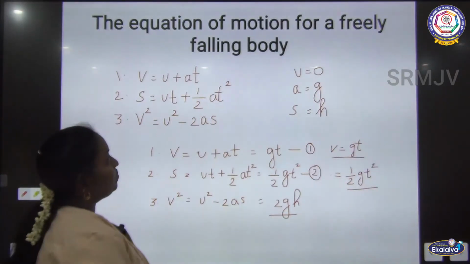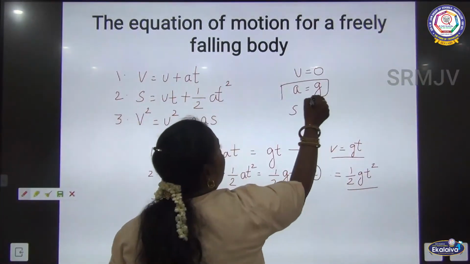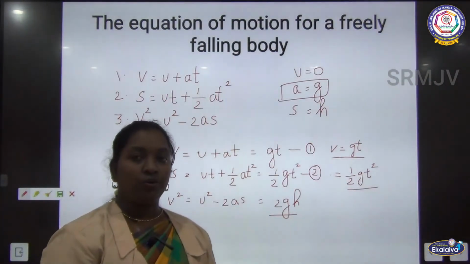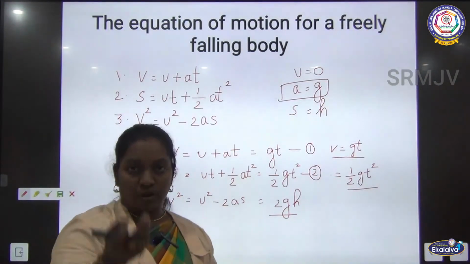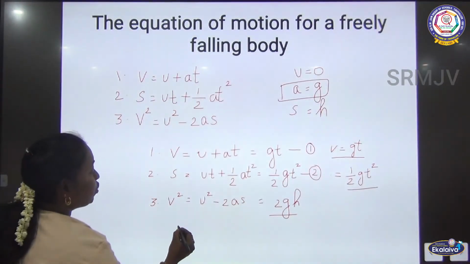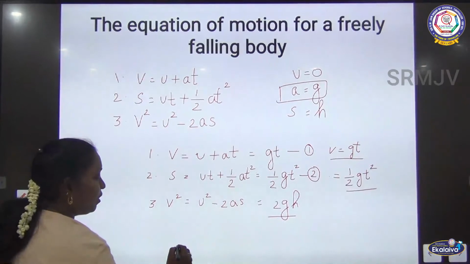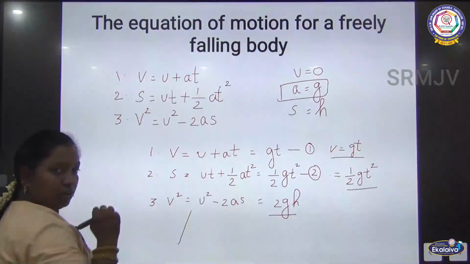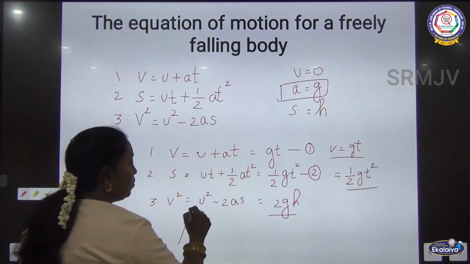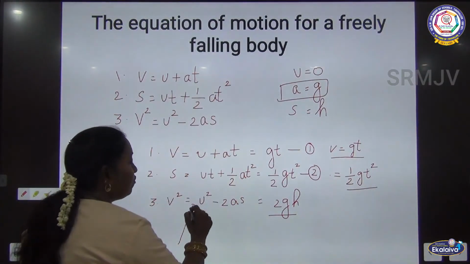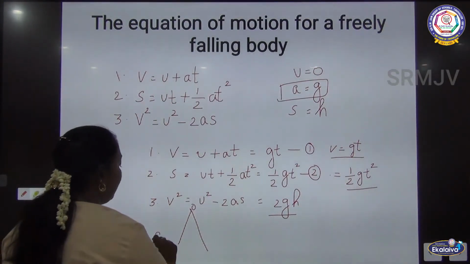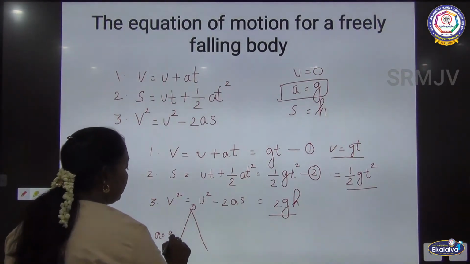Next, as we know, a equal to g, it will also get a positive or negative sign. How? When I throw a stone upward, what will happen? It will reach upward where it attains 0. From there it will fall down. So a equal to g.